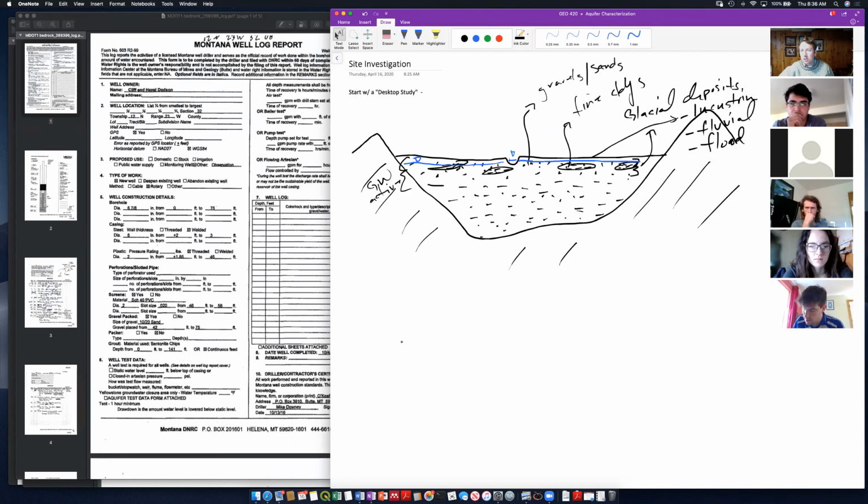So what kind of field work could we do that gives us a broad picture of what's happening? The other really important thing that we get from a desktop study is what are the existing wells in the area?